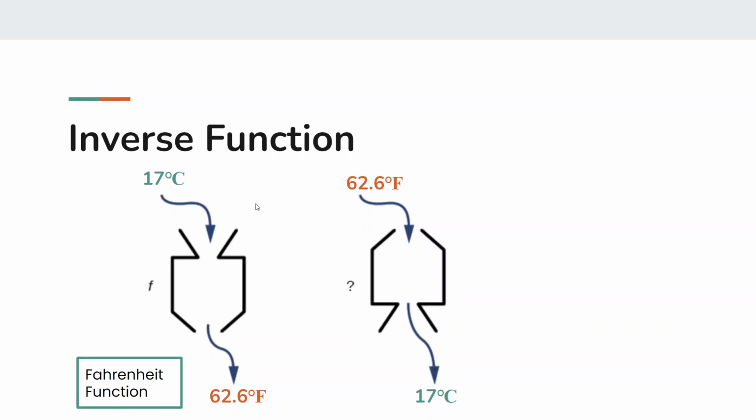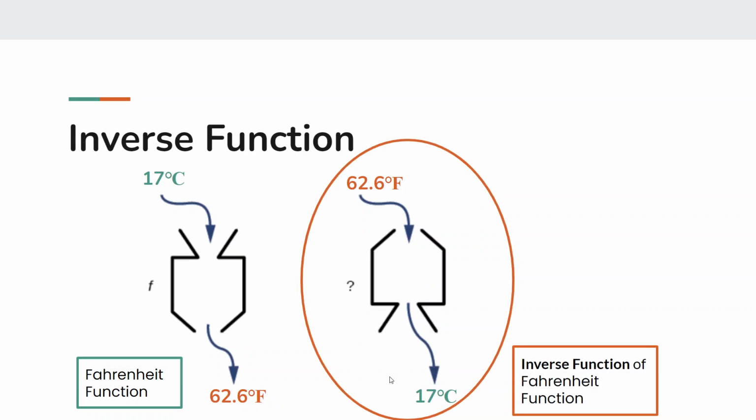Like here we input 17 degrees Celsius and we got 62.6 degrees Fahrenheit, and we use this output as the input for our new function to get degrees Celsius, and this one gave us the same number, so it can be the inverse of the Fahrenheit function.